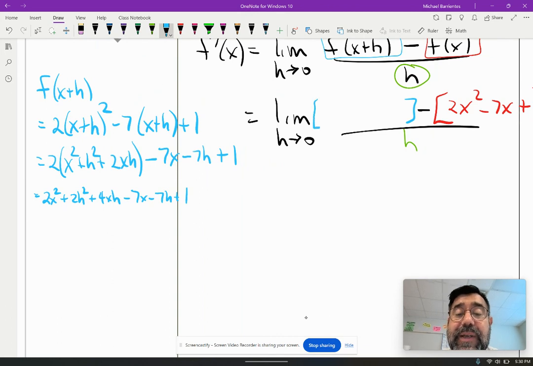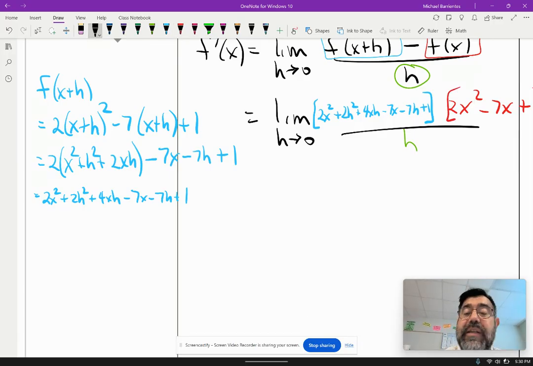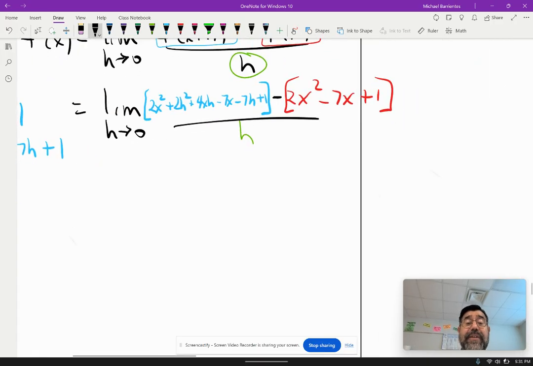So I'm going to try my best to squeeze everything in. I am running out of room fast. Maybe I shouldn't have written the red part yet. Minus 7x minus 7h plus 1. And now I can say there's a subtraction in between this. Okay. This looks heavy.